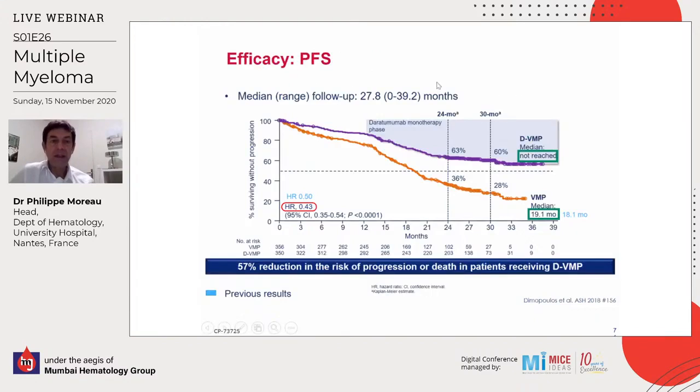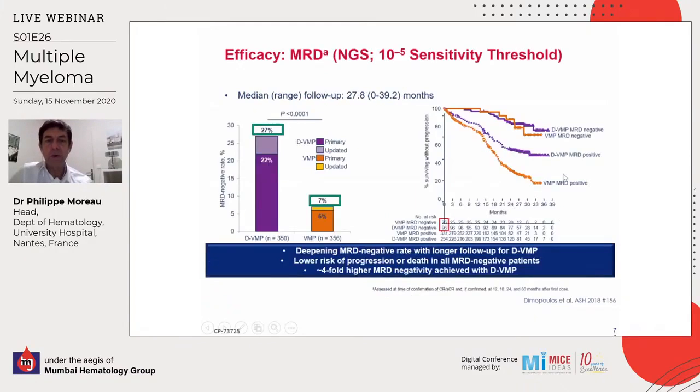The update analysis of progression-free survival reported by Tanos Dimopoulos at ASH. You see that the DARA VMP is associated with the best progression-free survival, but MRD negativity was also assessed at 10 to the minus 5 for patients reaching VGPR or better.